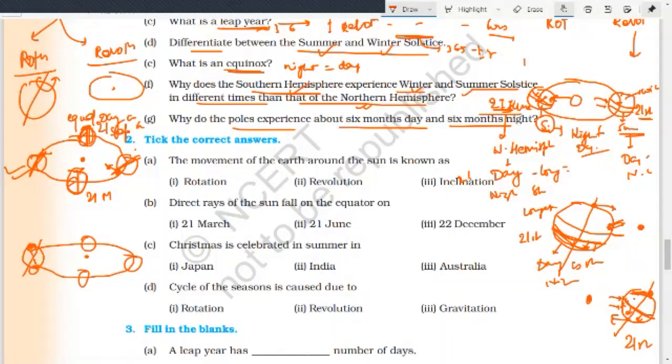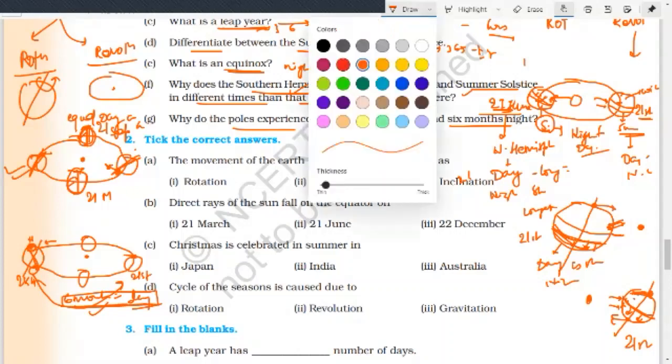This portion of the earth, if you can see here, the north pole, the area beyond the Arctic Circle, is getting sunlight continuously from 21st June to 21st December. From here to here, it will get continuous sunlight. So there are 6 months of day. 6 months of continuous sunlight will be received by the north pole, and the south pole, as you can see in this picture, will face continuous darkness for about 6 months, an equal time.